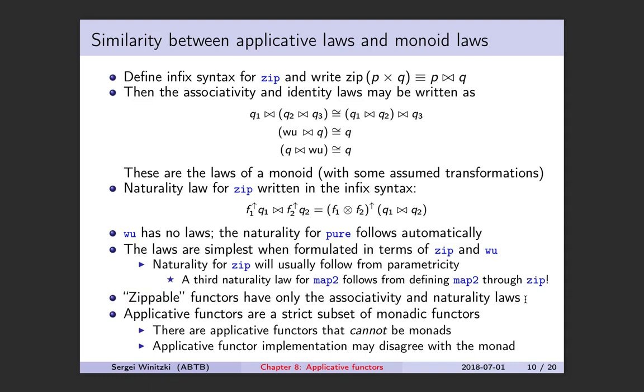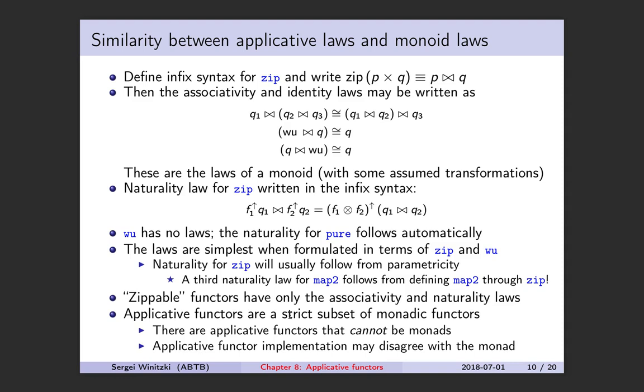But applicative functors must have both this and these laws. So as I started from monads, clearly if a functor is a monad, then it will satisfy all these laws too.